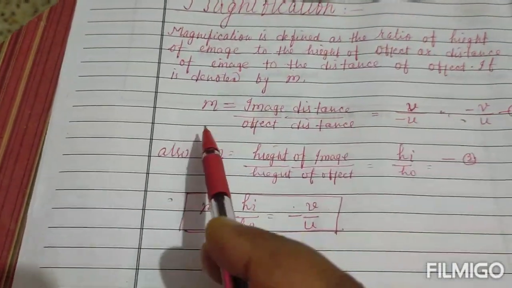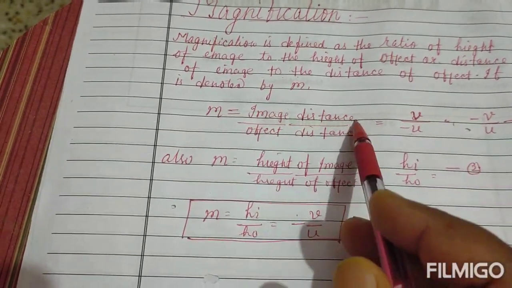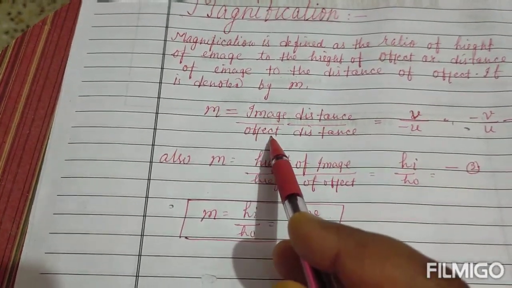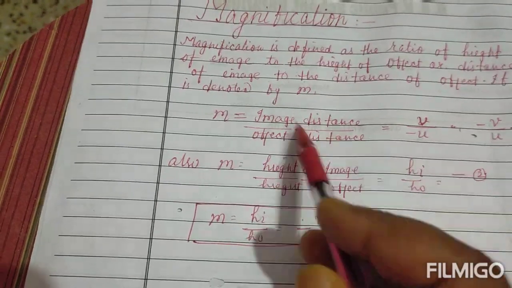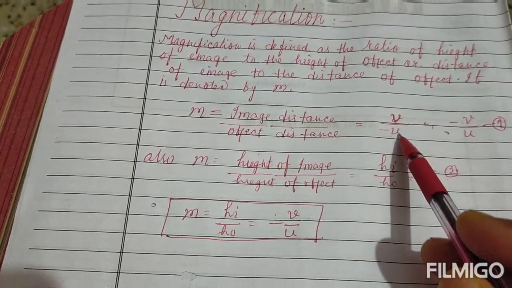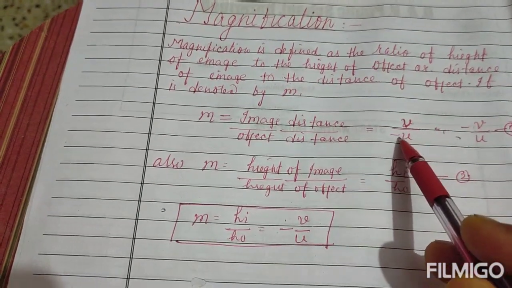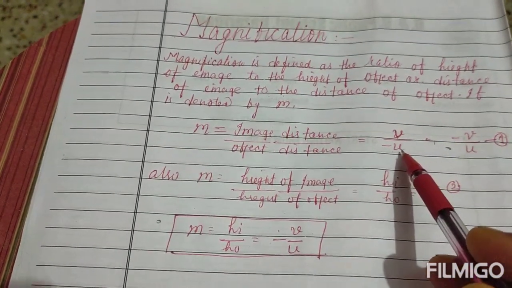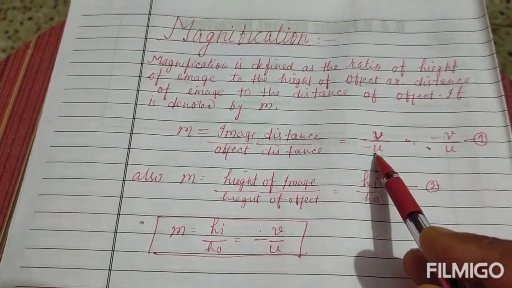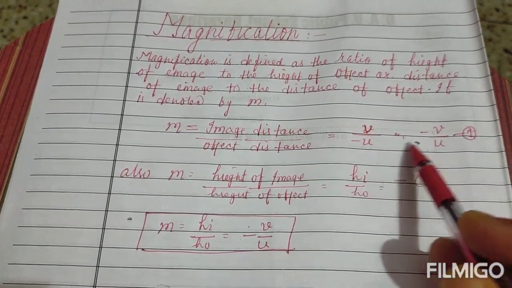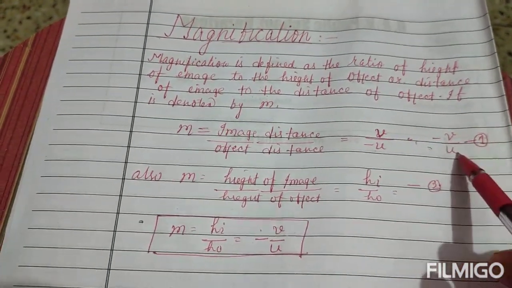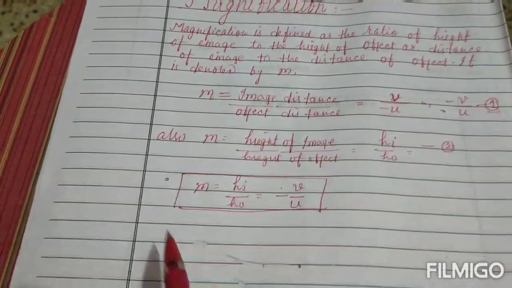So m equals image distance divided by object distance, so it will be v by negative u. The negative sign is because the object is always on the left side of the mirror. So this will be minus v by u. Let this be equation 1.